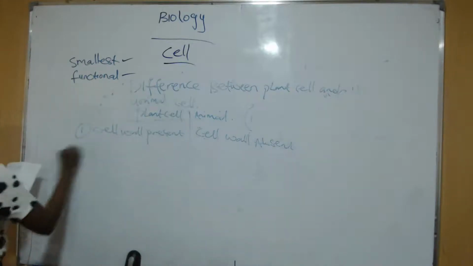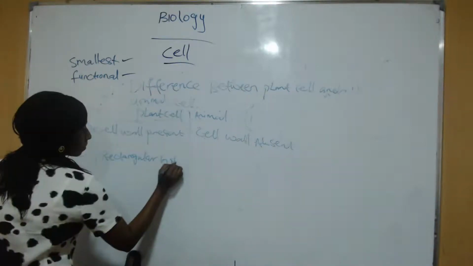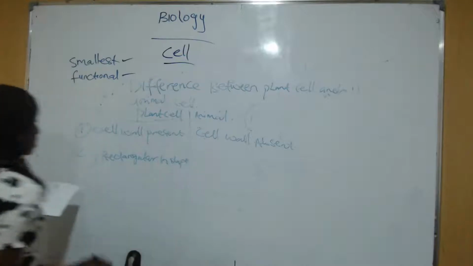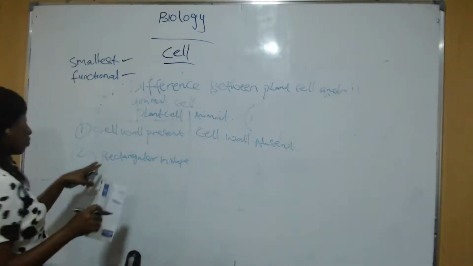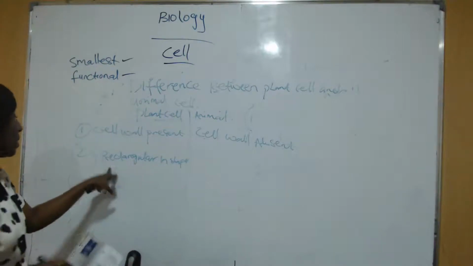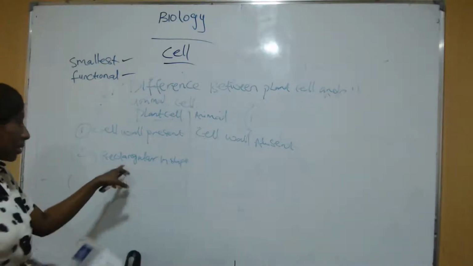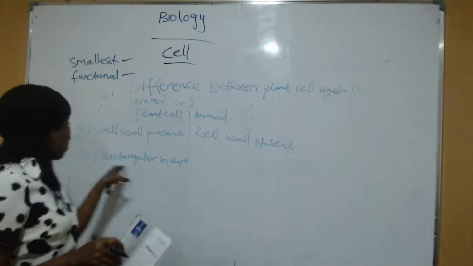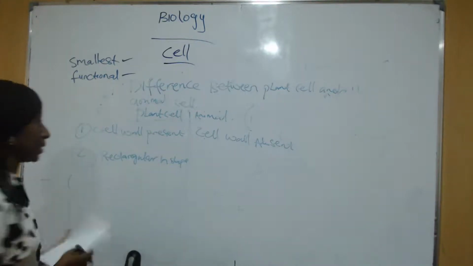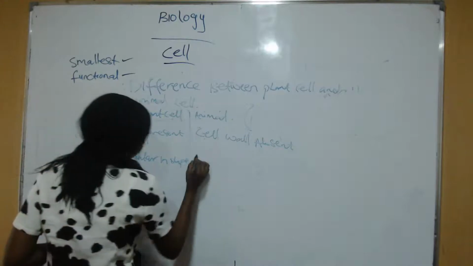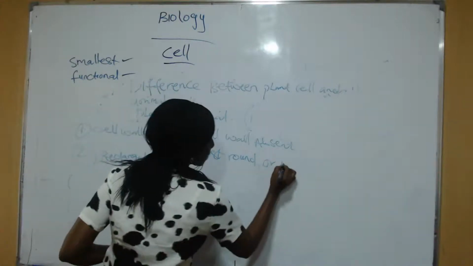Number two, no matter the plant it is, no matter how grown or how small the plant is, it has a rectangular cell shape, no matter the part of the plant where you find it. While in the animal cell, it is mostly round or irregular.